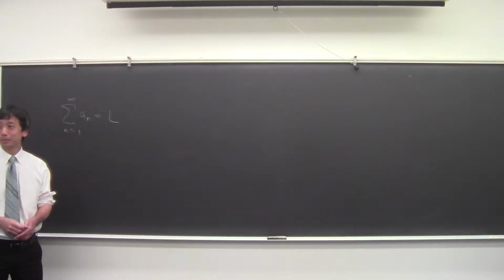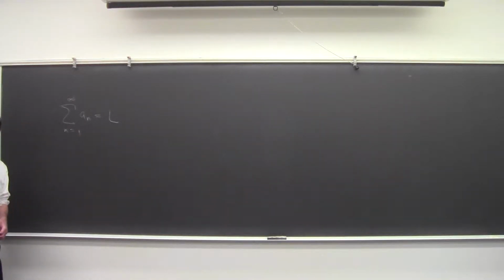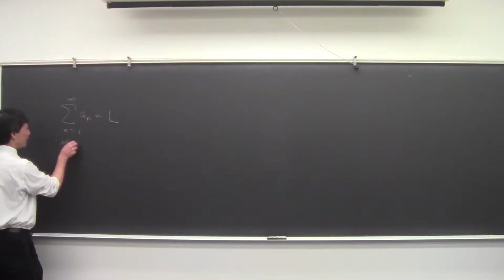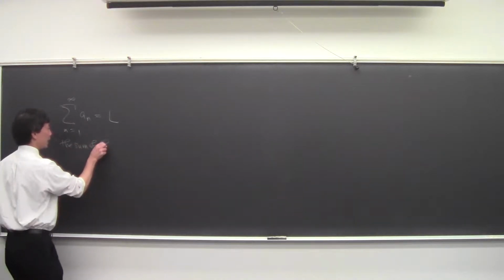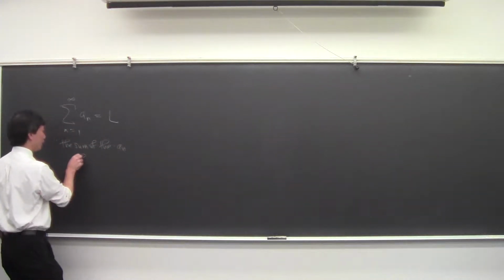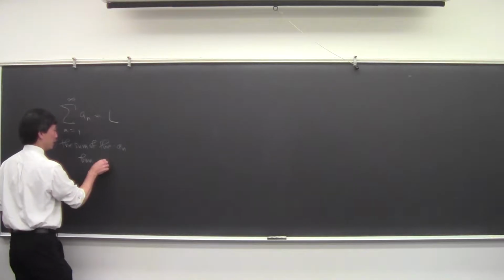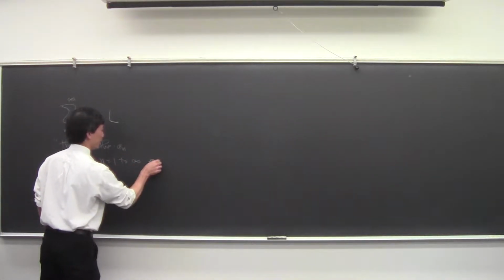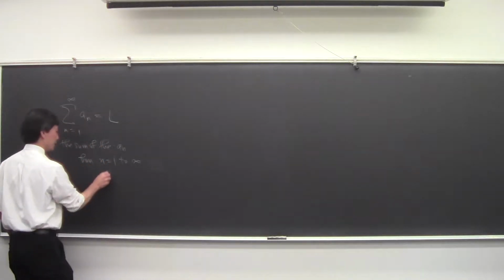The sum of a sub n from n equals 1 to infinity equals L. That's what this says.